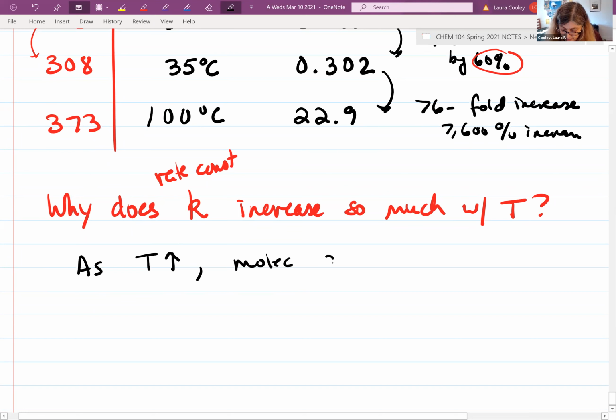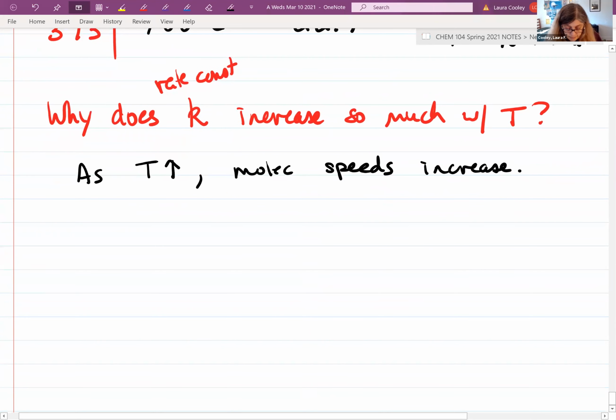Molecular speeds, we know that they increase in the gas phase. Well, they also increase in solution. Molecular speeds increase, and so molecules move faster. And more of them will have the required activation energy.